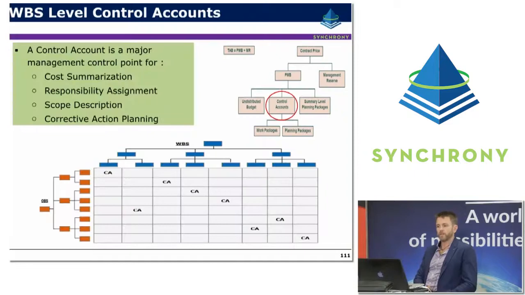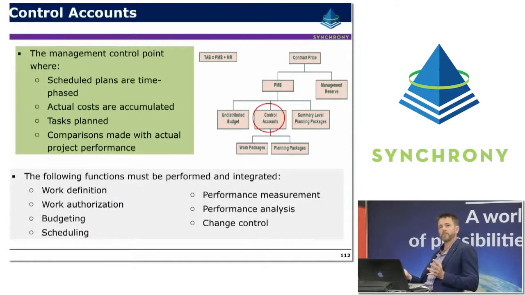So, WBS level control accounts. A control account, as we've mentioned earlier, is the major control point for cost summaries, responsibility assignment, scope direction, and corrective action planning. They're basically the management control point, the nexus where schedule, scope, and cost are combined with a responsible manager for performance reporting, comparing actual costs with earned value, and comparing earned value with the planned value.